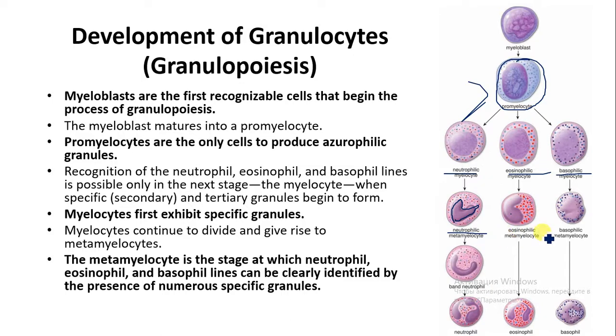And a bean-shaped nucleus with basophilic granules is known as the basophilic metamyelocyte. Later, the nucleus of the neutrophilic metamyelocyte becomes more elongated. It doesn't resemble the bean now, but more resembles a curving stick, and it is called a band neutrophil.